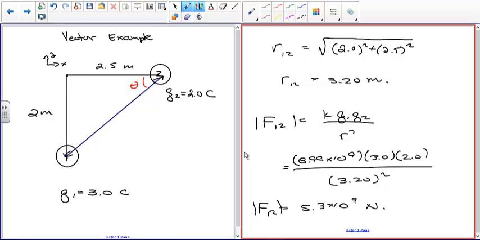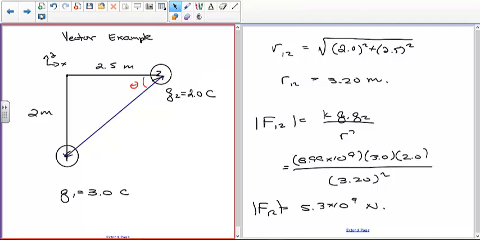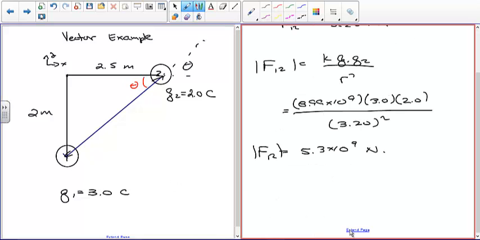You have to figure out the angle, basically. And the angle in this case is just the angle between this hypotenuse and the adjacent side. So this angle here would be the same as this angle there. So that would be theta. To find the angle theta, theta is just equal to the inverse tangent of 2, which is the opposite side, divided by 2.5, the adjacent side.